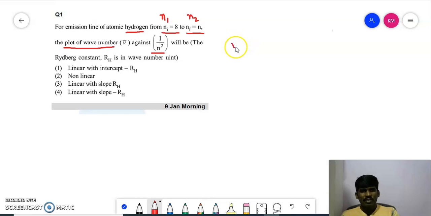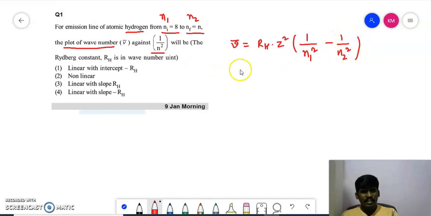As you know, nu bar is equal to RH into Z square of 1 by N1 square minus 1 by N2 square, and then RH becomes negative.